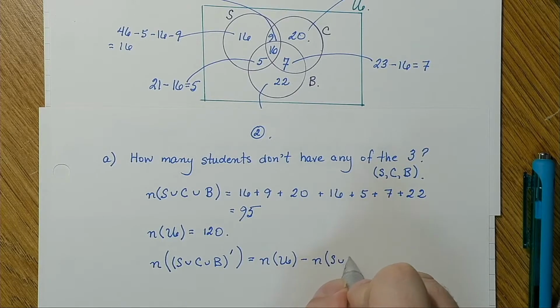So what we get then is 120, right? So you get 120 minus the 95, and that leaves you with 25.